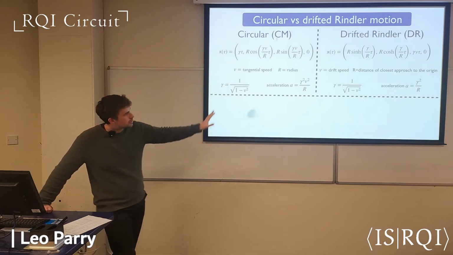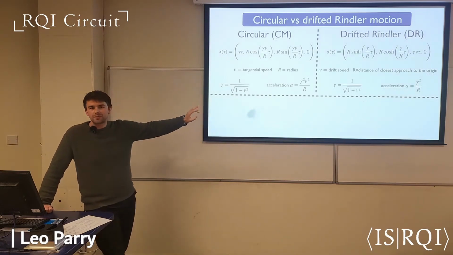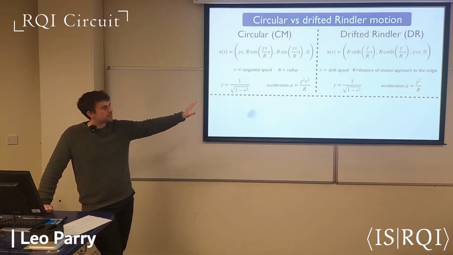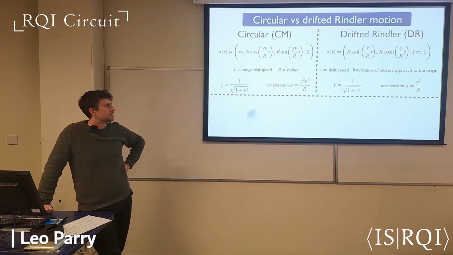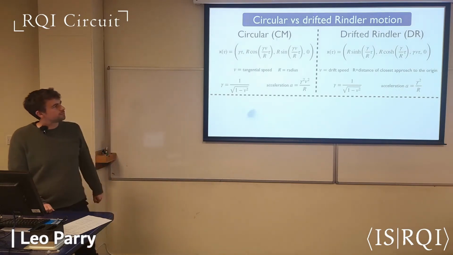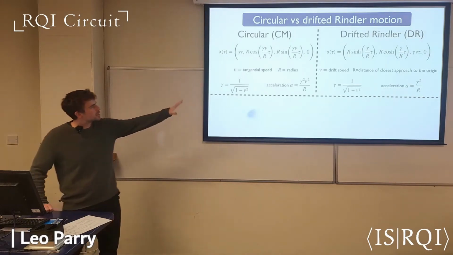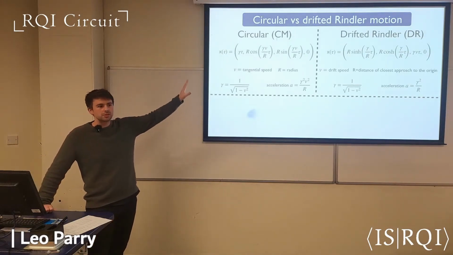And then we can use this speed to define a gamma factor. It's no longer the real gamma factor of the world line, but it's a useful parameter in this case. And the acceleration in this case is gamma squared over r. So already you can see there are some similarities between the two.